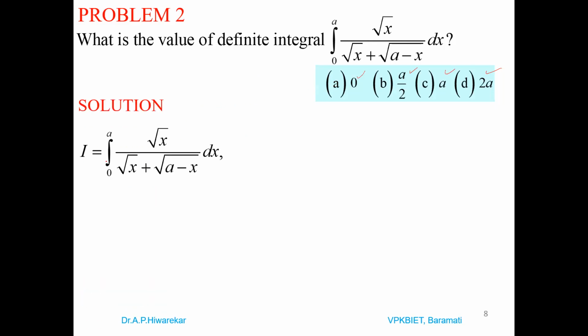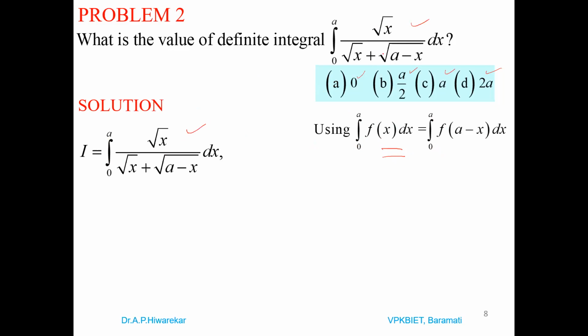For that, we first write the given integral and denote it by I. Then we know that using this formula, the integration of f(x) dx from 0 to A is equal to the integration of f(a minus x) dx from 0 to A. Most useful formula.